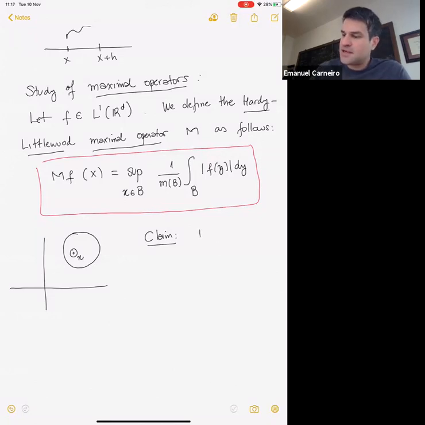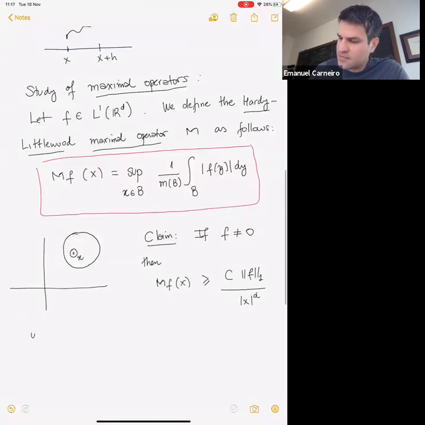My first claim is that if your function is not the zero function in L1, meaning it's not zero almost everywhere, so your L1 norm is strictly positive, then this maximal function Mf(x) is bigger or equal than a certain constant times the L1 norm of f, divided by |x|^d, when x is large.